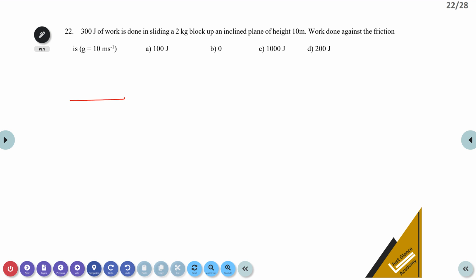This is the diagram. 300 joule of work is done, W equal to 300 joule. What is the mass given? The mass equals 2 kilogram. The inclined plane has height 10 meter. This is the height, 10 meter.